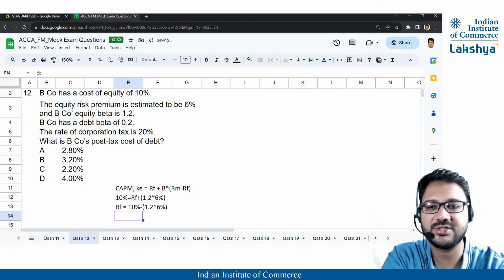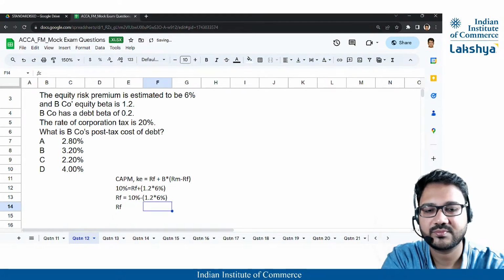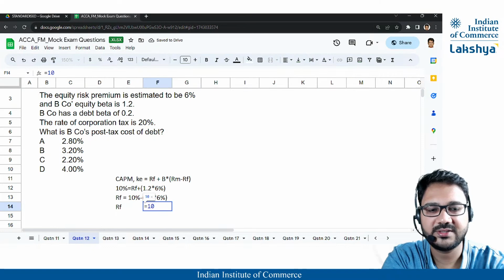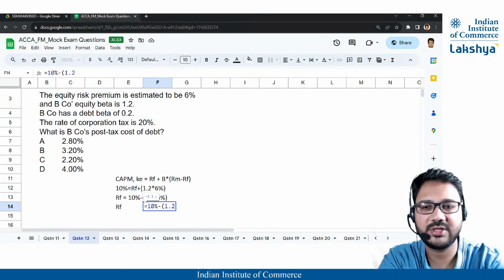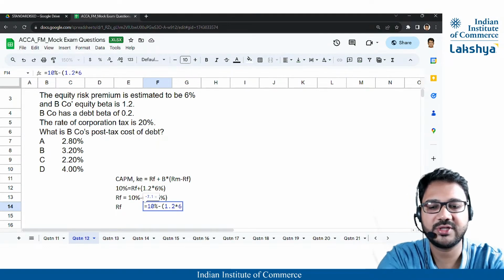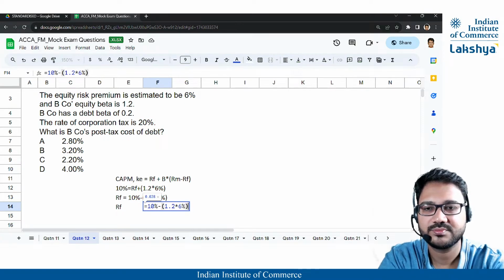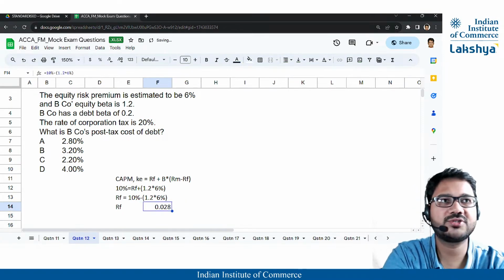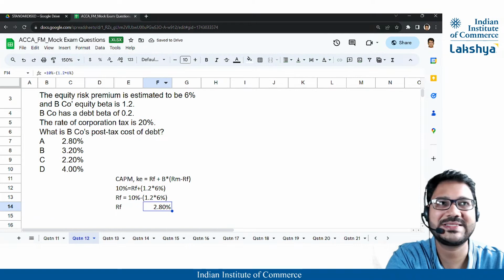I've not directly calculated it so that you understand how the calculations are done. Otherwise, you can just do it directly also. So the risk-free rate is 0.028, that is in percentage form 2.8%.